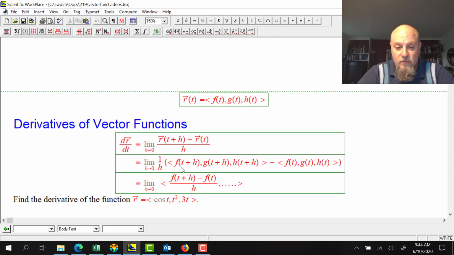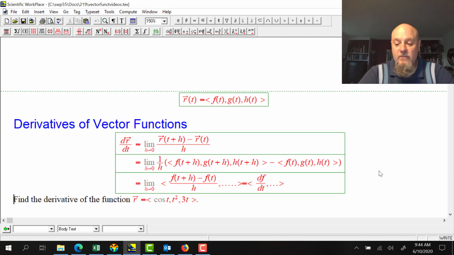Now the limit as h approaches 0 of this component. Well, that by definition is the derivative of the function f with respect to time. So that first component is going to be, I'll use this notation here, df dt. So actually this works just like you would think it would work. The derivative of a vector function is just take the derivative of each component separately with respect to time, and that gives you the tangent vector.